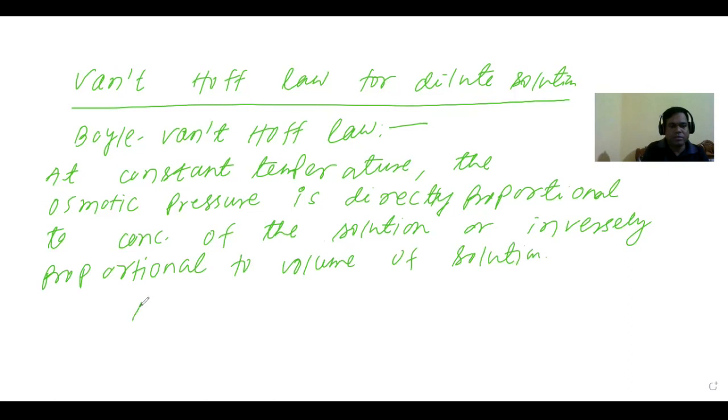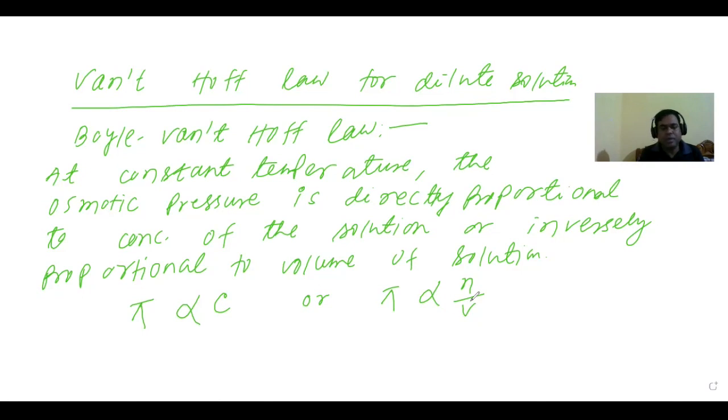So π is the osmotic pressure. π is directly proportional to concentration, or π ∝ C = n/V. Concentration equals the number of moles per unit volume, the number of moles per liter.